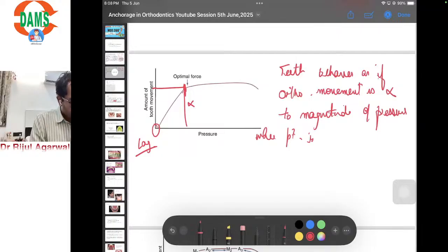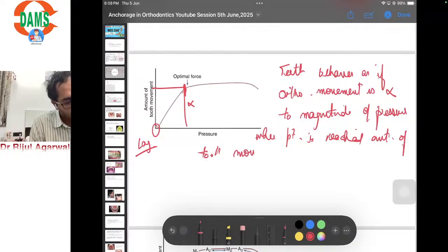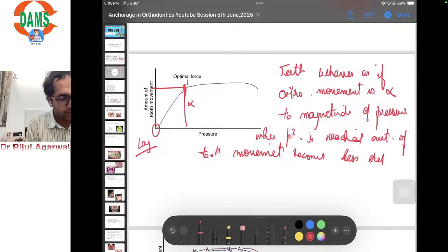Okay, so when this point is reached, the amount of tooth movement becomes less dependent on the magnitude of pressure which is applied.